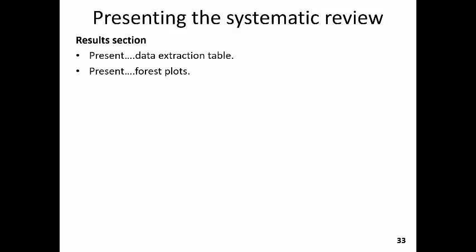In some cases, if the data extraction table is very large and extends into multiple pages, oftentimes the systematic review will include it at the end of the article as an appendix, but regardless, it must be included. The forest plots are plots of the individual normalized effect sizes determined from those individual studies, as outlined earlier in this unit.